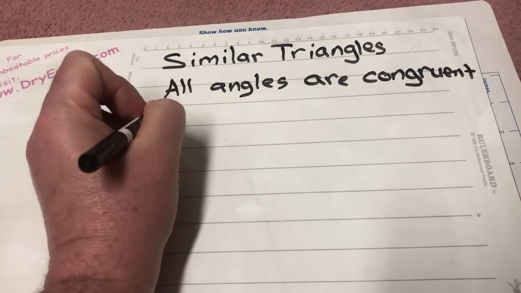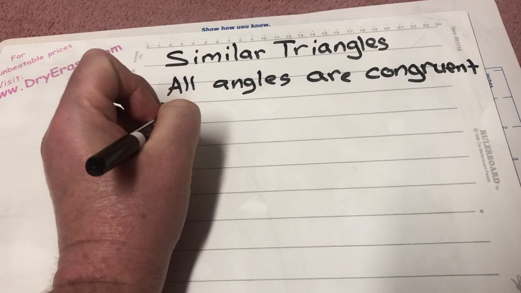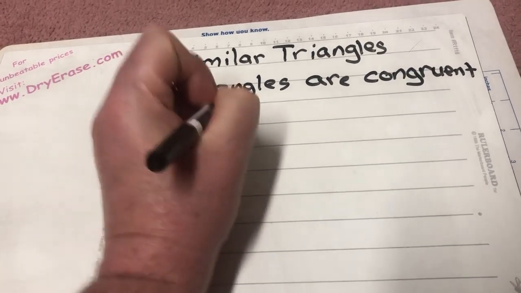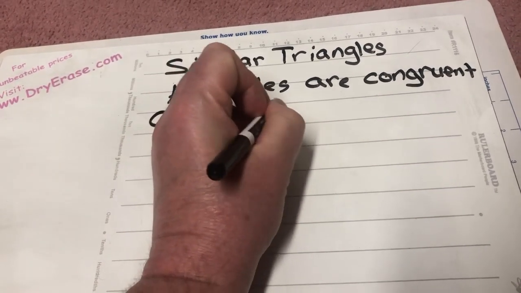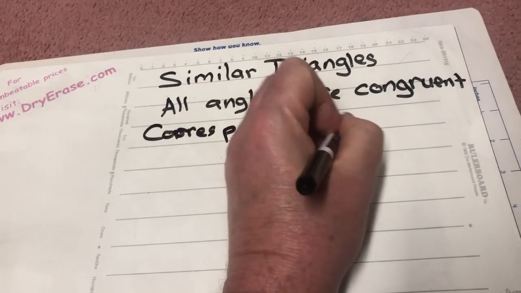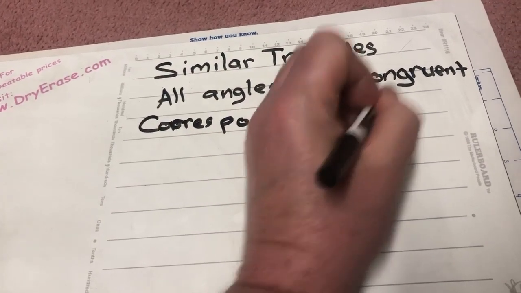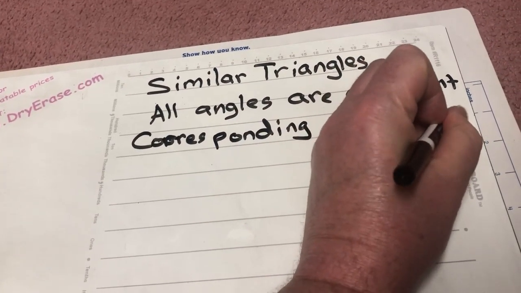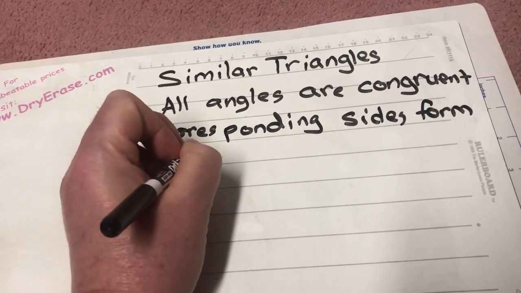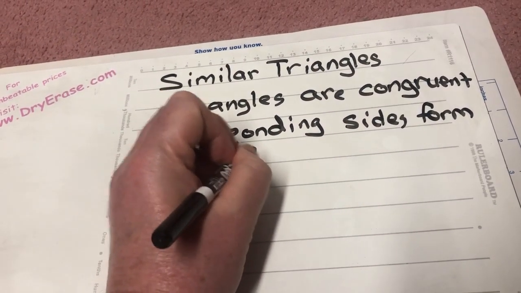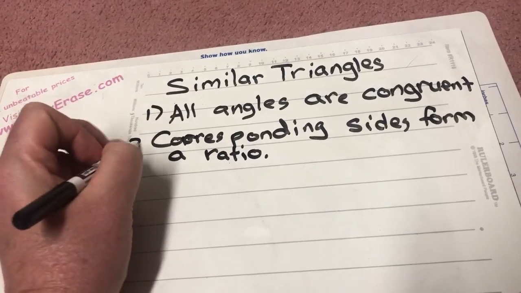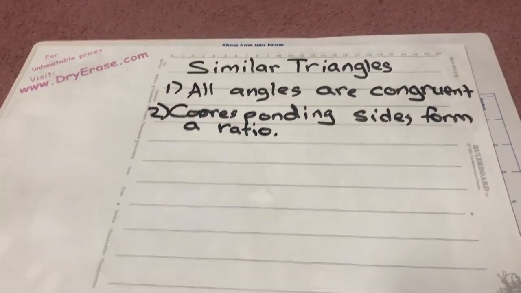And corresponding sides form a ratio. So there are two things that make triangles similar.